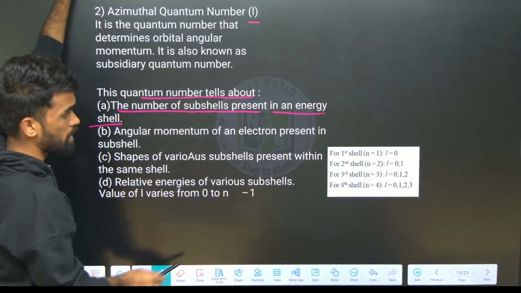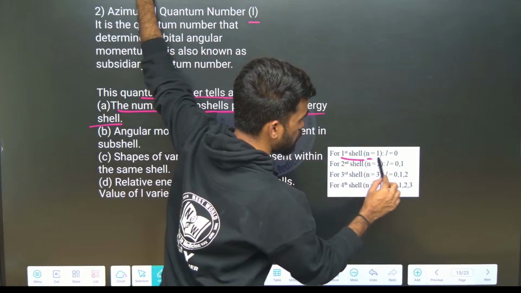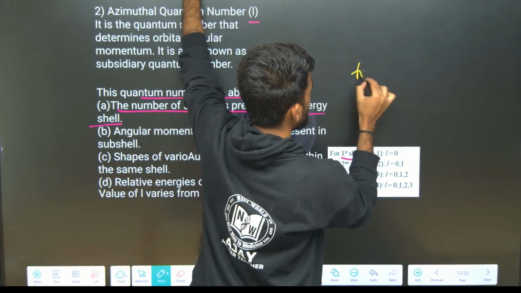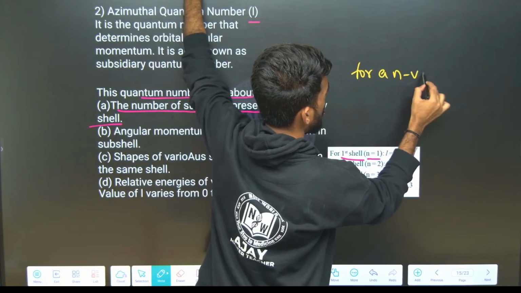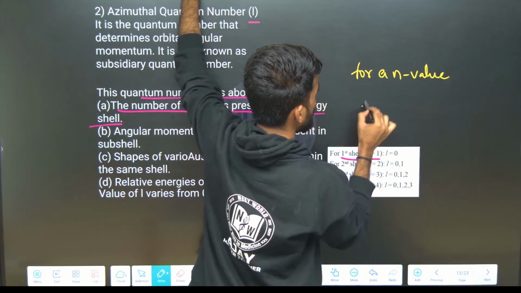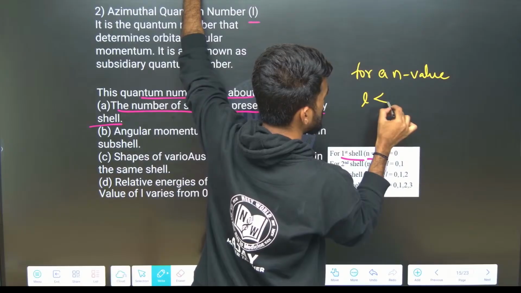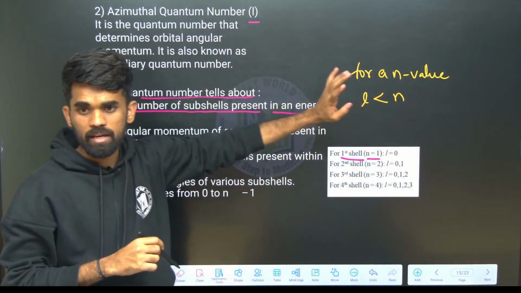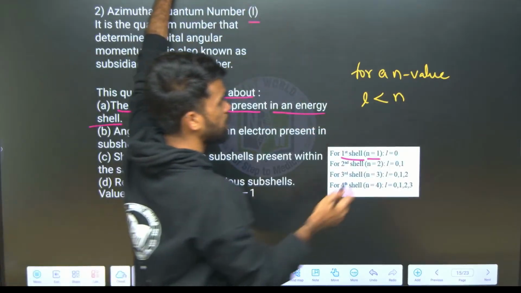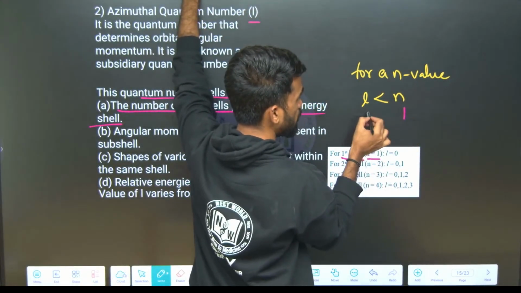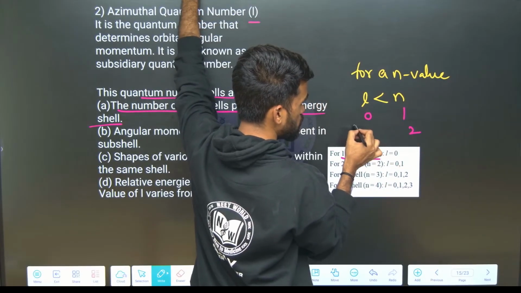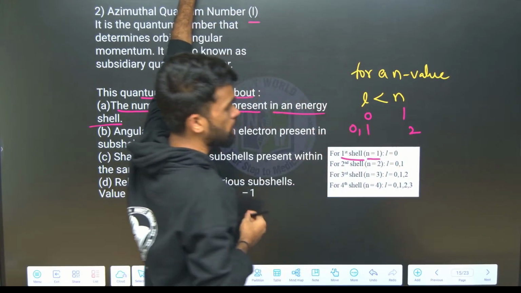For the first shell, the n value will be 1. Always remember, for an n value, l will always be less than n. So if n is 1, l should be 0. If n is 2, l can be 0, 1, like that.